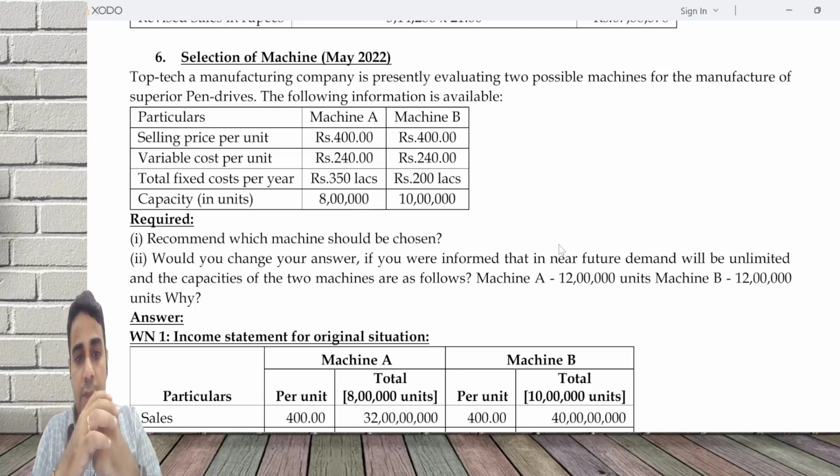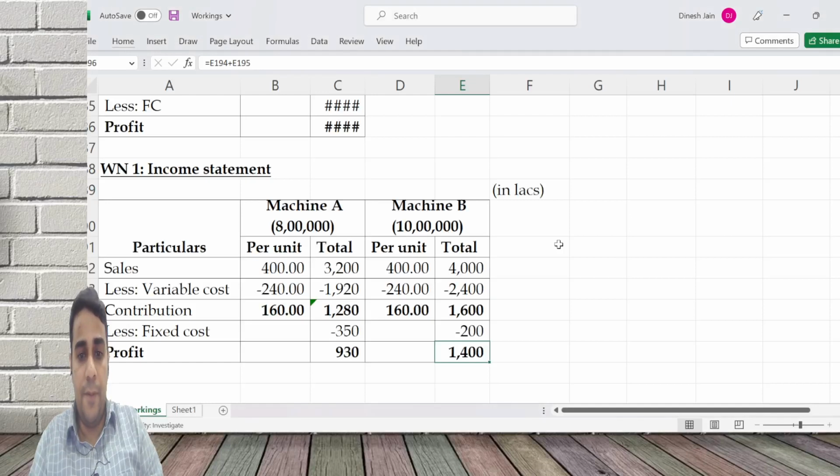As of now, we are preferring Machine B. If there are anywhere any calculation errors, you can let me know.